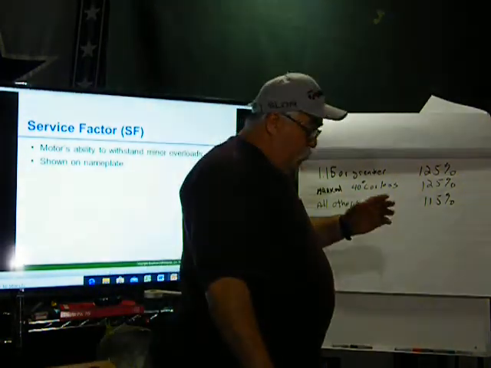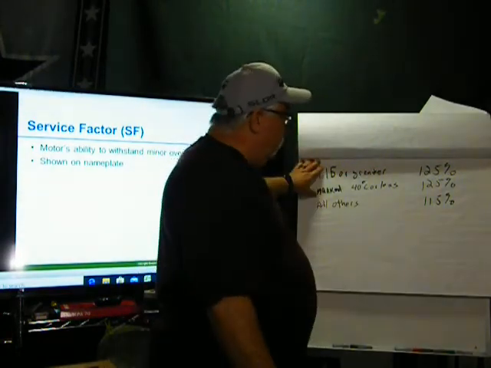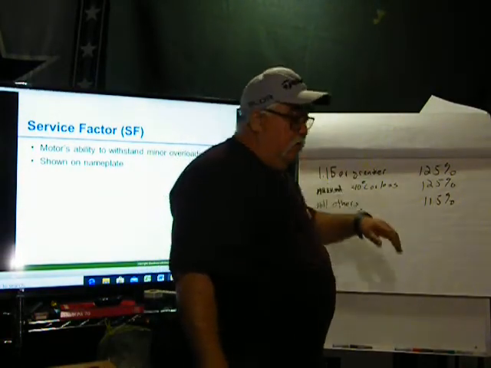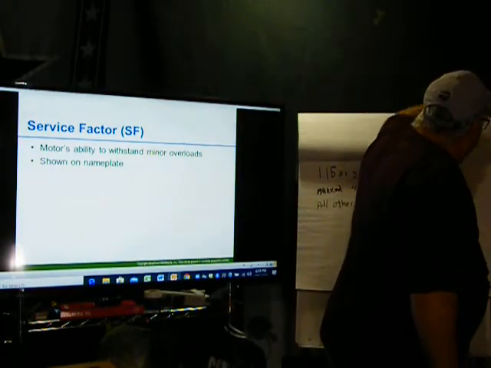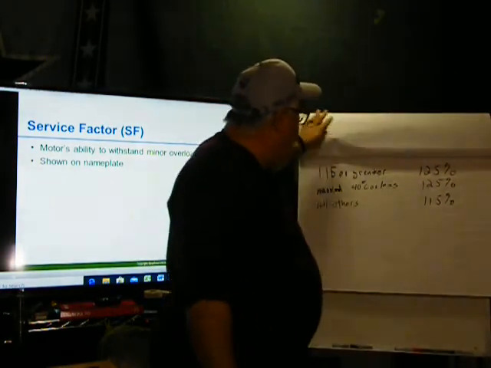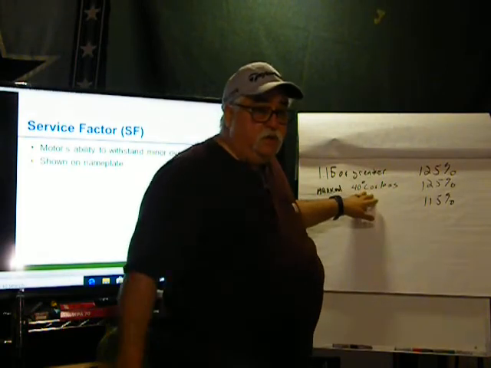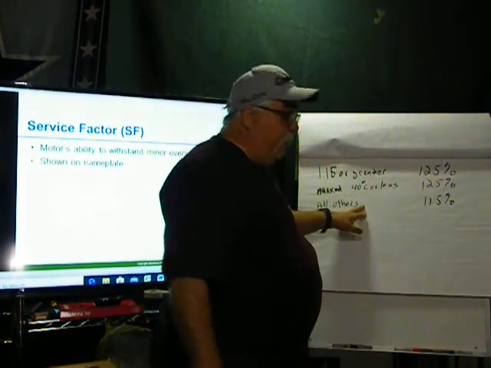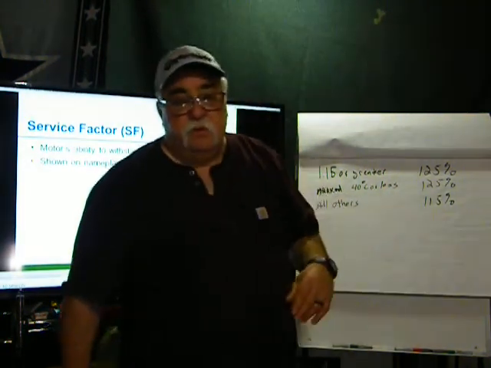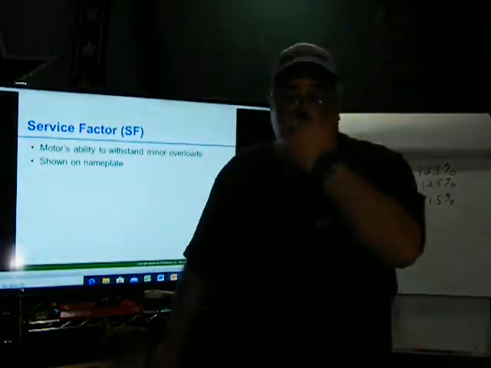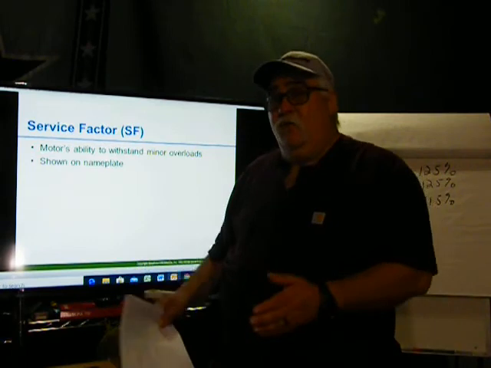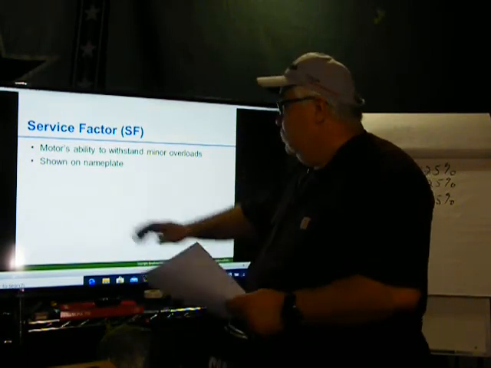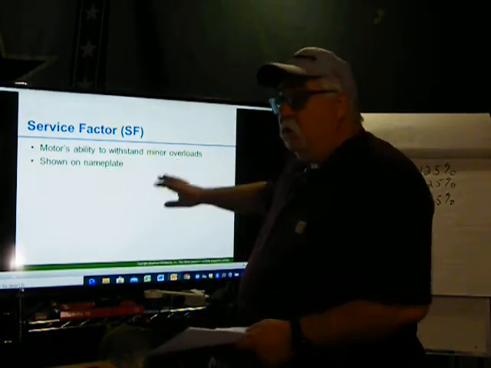So when you look at the nameplate, this is what you're going to find. A lot of times you may find a motor that says 40 degrees C, but the service factor is 1.0. That means that motor can run at 100%, and that's a motor built to withstand minor overloads.